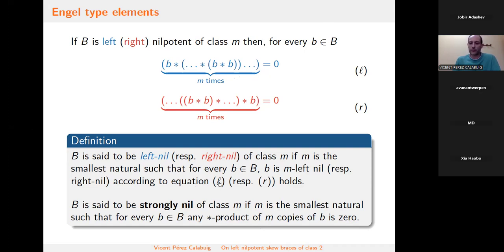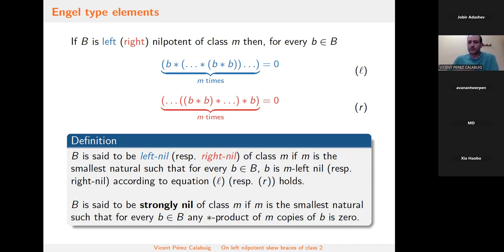And similarly, we can also define right nil on the right. And even more, we can say that a skew brace is strongly nil of class M if M is the smallest natural such that for every element b, any star product of M copies is equal to 0.